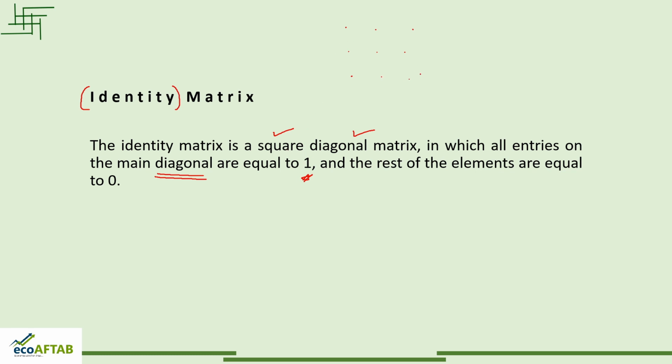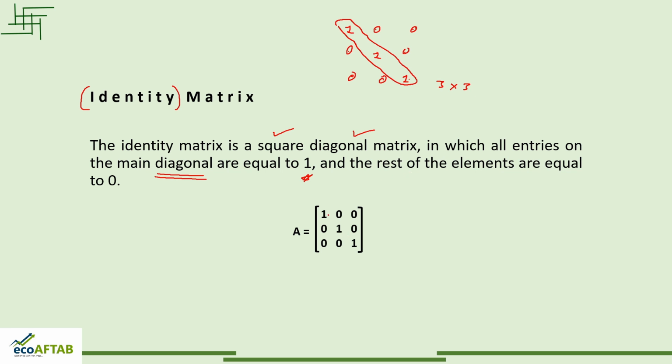It is a square, so here it has become 3 by 3, rows are equal to columns, and here this is the diagonal. Every element in the diagonal is going to be 1 and all the rest are going to be 0. If such is the matrix, it is called an identity matrix.